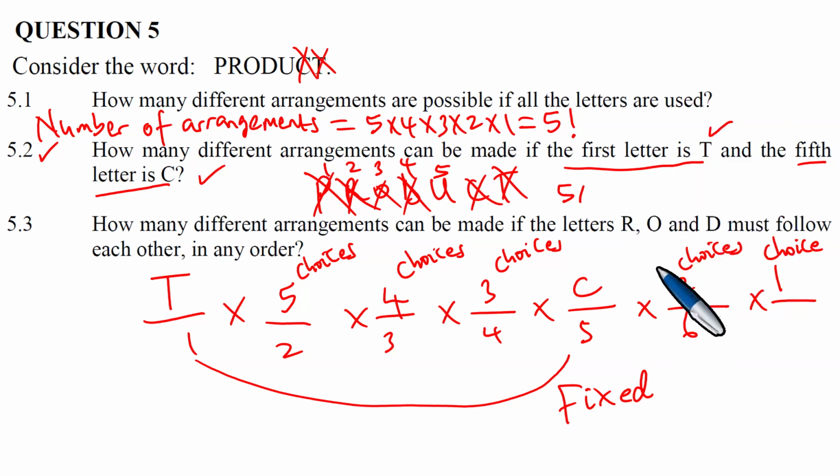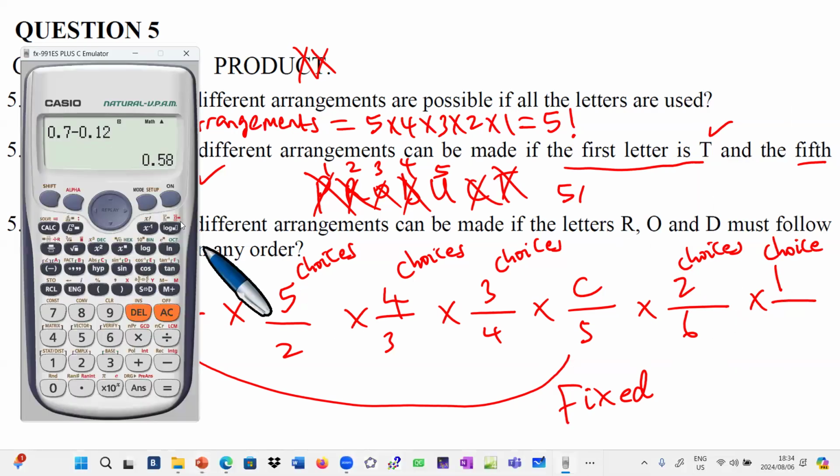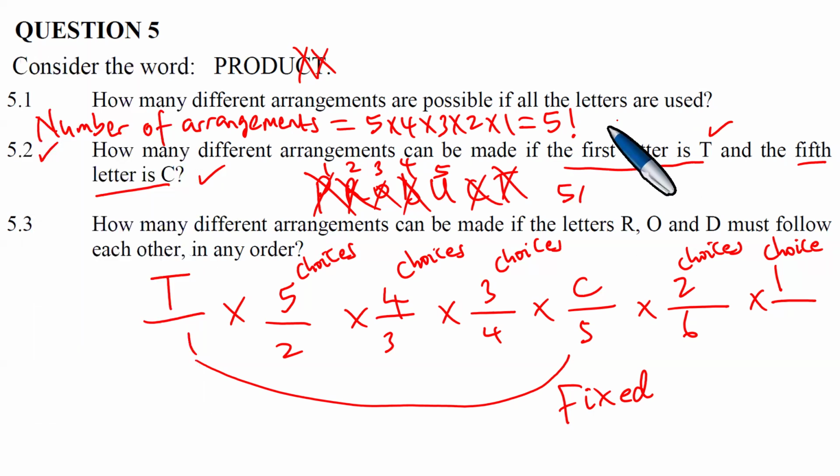You know probability already, and therefore you know that it is 5 factorial, which is equivalent to 120. So here's the factorial on the scientific calculator. You have 5 factorial, and that is 120. So in other words, we have 120 possible arrangements here.